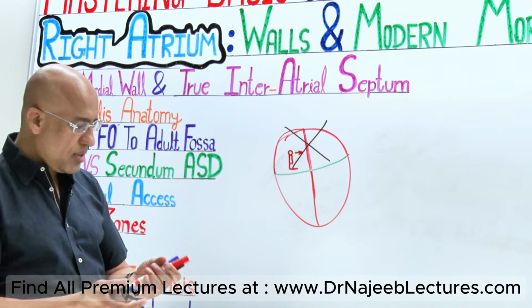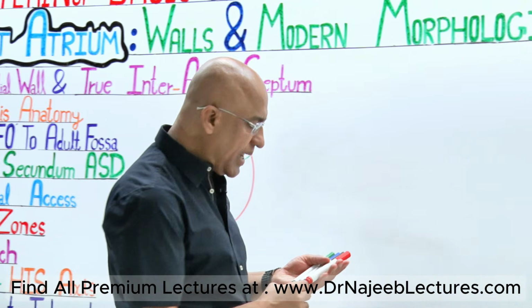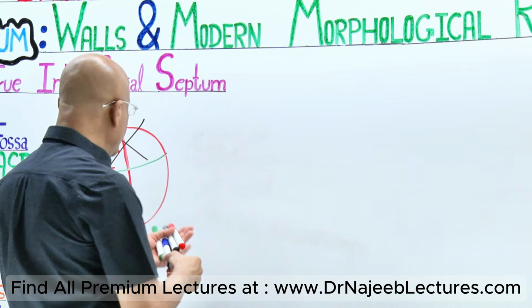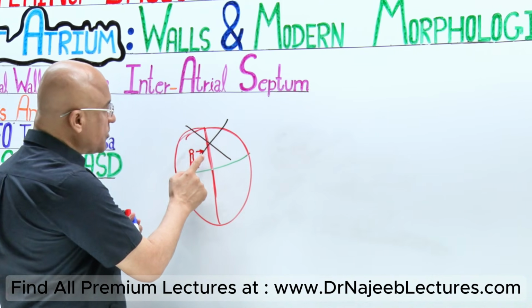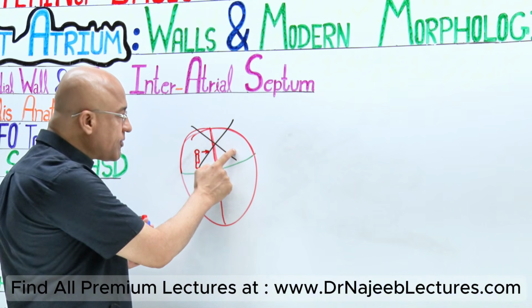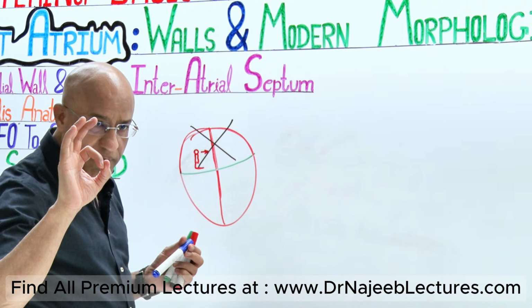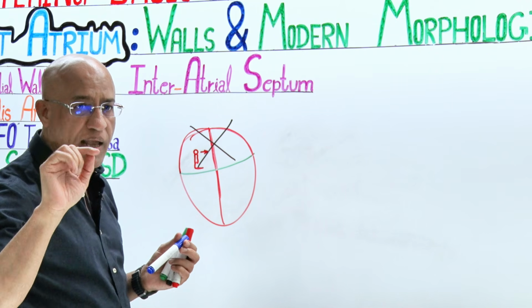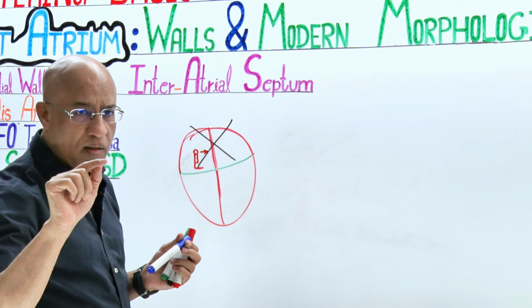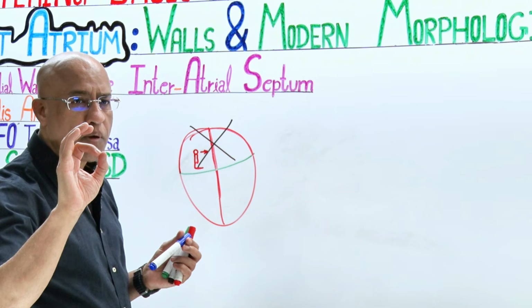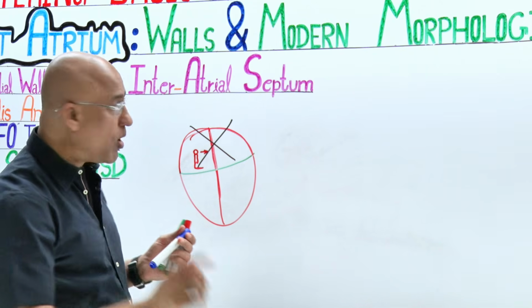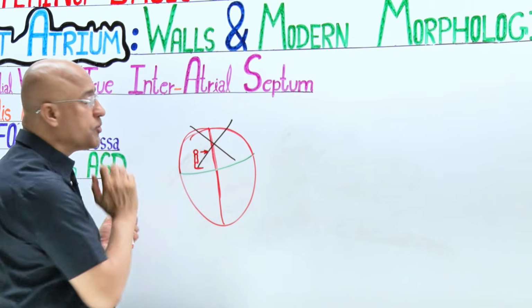Let me draw a diagram highlighting the modern concept. The modern concept is that between the right atrium and the left atrium, the true wall is the fossa ovalis and a little surrounding area. For practical purposes, you should remember that the real interatrial wall, the wall which is between the atria, is only the fossa ovalis.